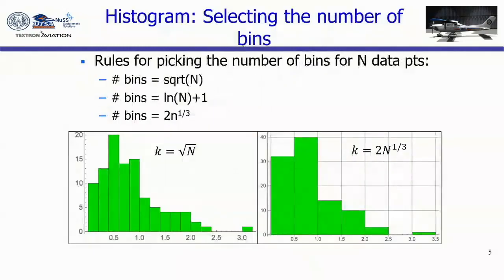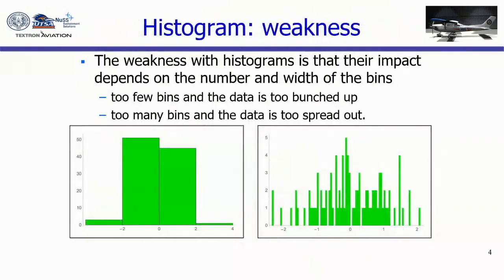Really, the subjective thing about the histogram is that there is no real set way or objective way to select the number of bins. If you pick too few bins, you don't get any idea what the distribution is. If you pick too many, you get mostly ones and twos with some blanks, and it doesn't give you an idea what the distribution is.